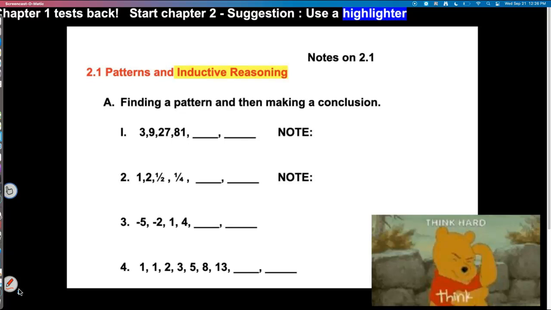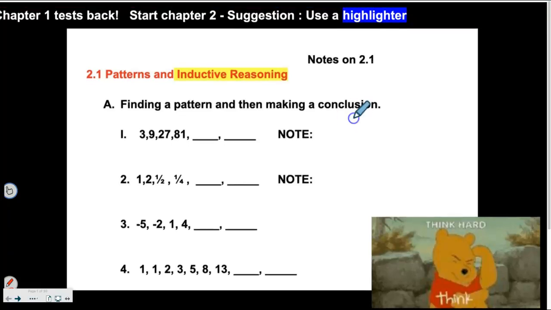Also, I passed back the tests to those who had taken it, and we discussed the retake policy. So I want to discuss that with you as well. If you want to take a retake in here, to be eligible, the first thing you have to do is complete any missing work.